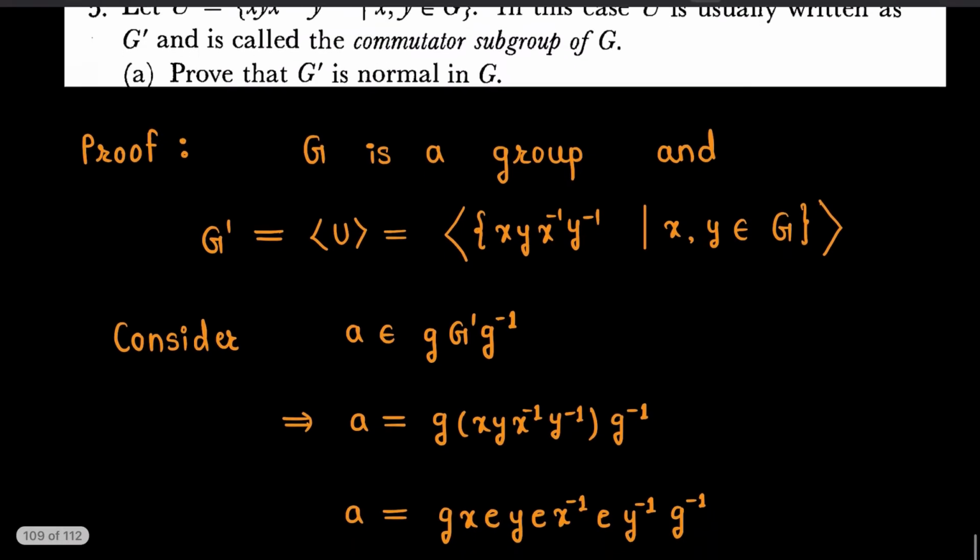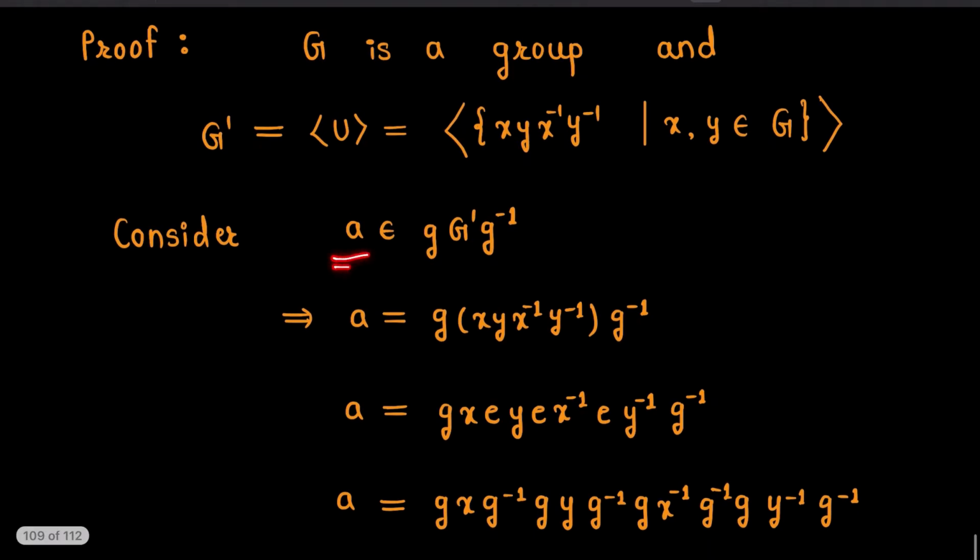Now consider an element, say a, in gG'g⁻¹. So a will be equal to g xyx⁻¹y⁻¹ g⁻¹, where this xyx⁻¹y⁻¹ is an element of G'.